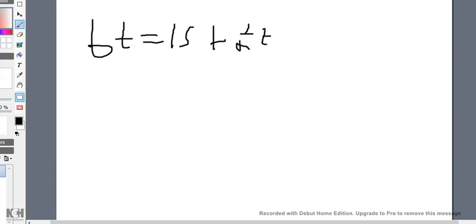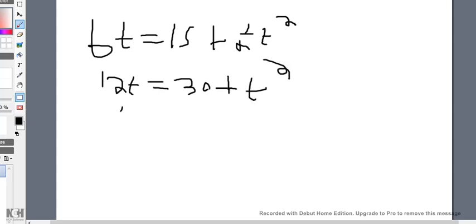We have a quadratic. You know Smith, the first thing he's going to do is what? Multiply everything by 2, get that 30 plus t squared. I now know that's going to be t squared equals minus 12t plus 30.